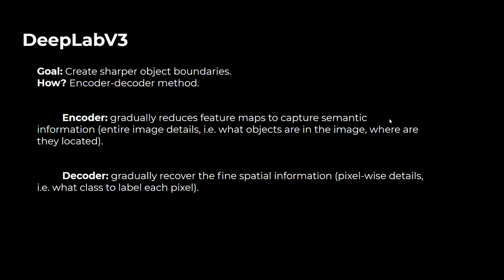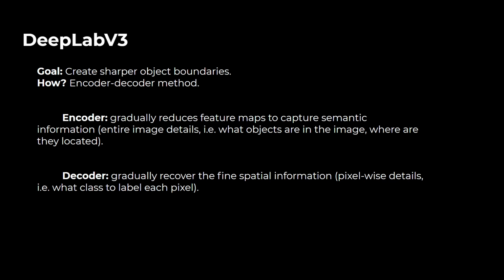Basically, what the encoder does is it gradually reduces the feature maps to capture more semantic information, right? What I mean by this is now the feature maps would capture entire image details. For example, what objects are in the image, where are they located, what are they doing, right? While the decoder gradually recovers the fine spatial information, so it captures the pixel-wise details.